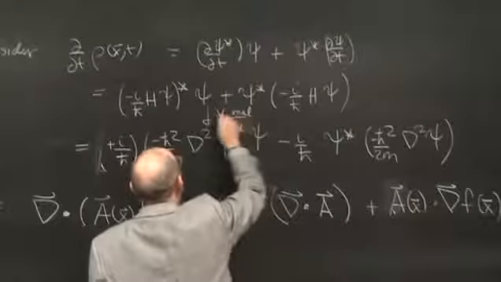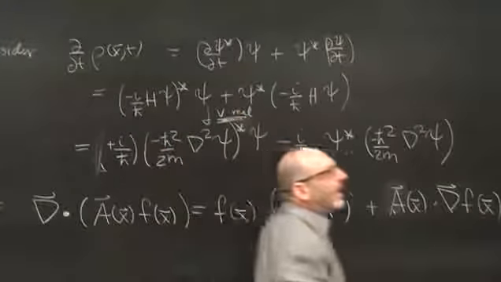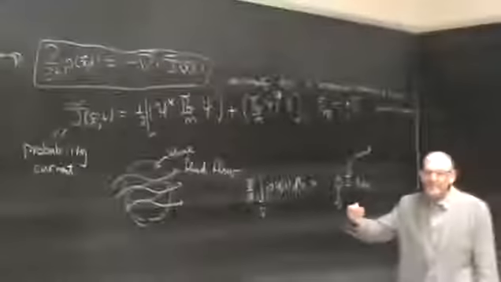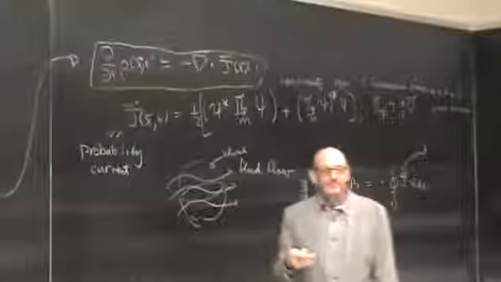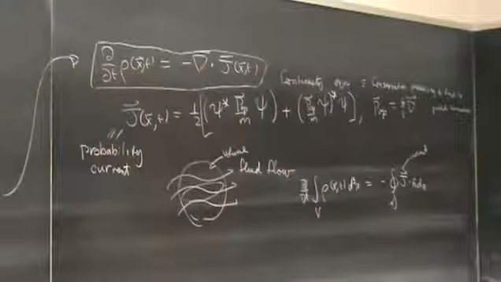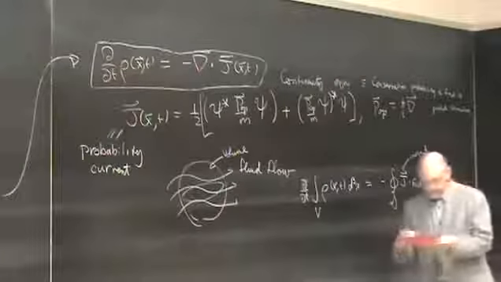So one way to mock up absorption of a particle is to put an imaginary part in the potential. Kind of like we put an imaginary part in the index of refraction when you want to deal with absorption. Okay? Talk about that a little bit later. All right. So probability current and conservation.